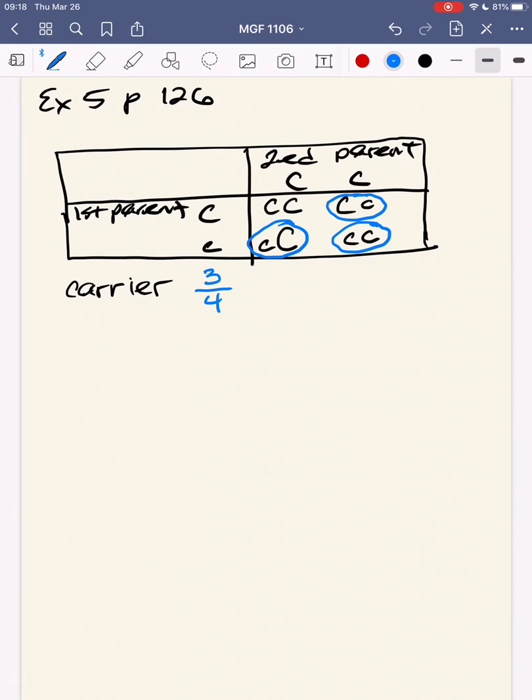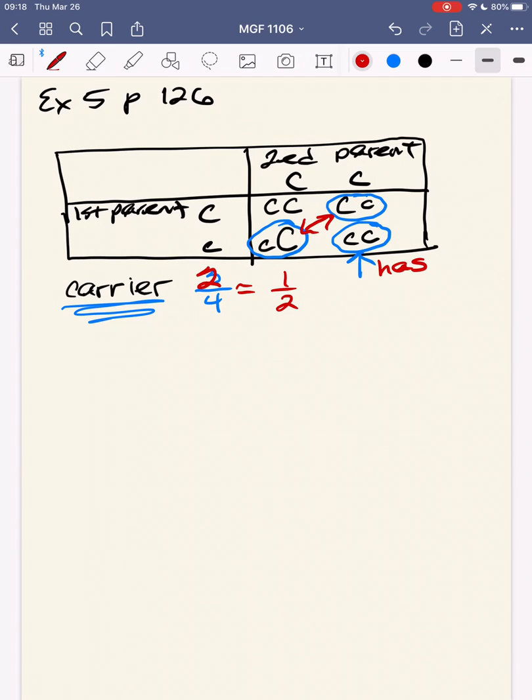But remember, we're just talking carrier here. This means the child actually has cystic fibrosis. We're just looking for the carriers. The actual carriers are right here. So we actually have 2 over 4. This child has the disease, therefore it's not a carrier, they actually have it. So the chance of being a carrier in this case is 1/2.